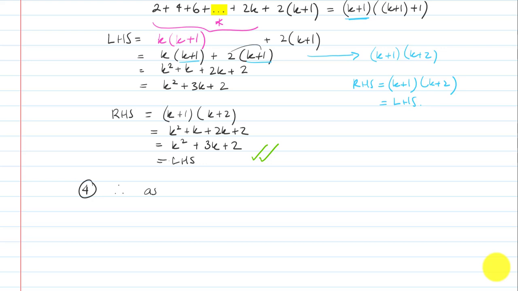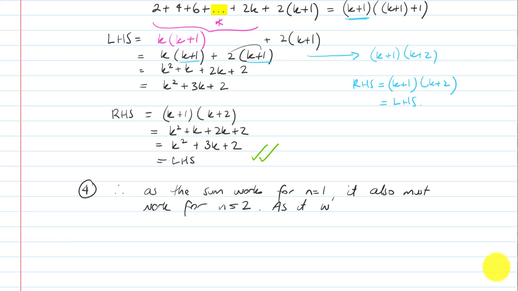Therefore, as the sum works for n equals 1, it also must work for n equals 1 plus 1, which is 2, and as this works for n equals 2, it must work for n equals 3, and so on.